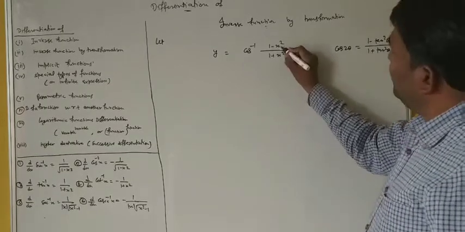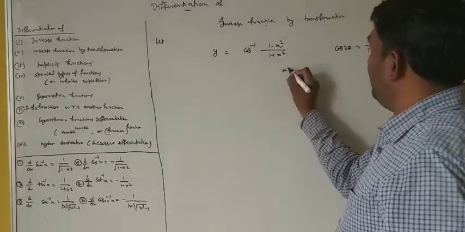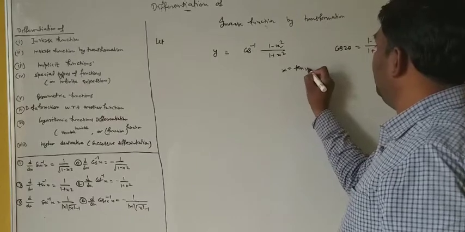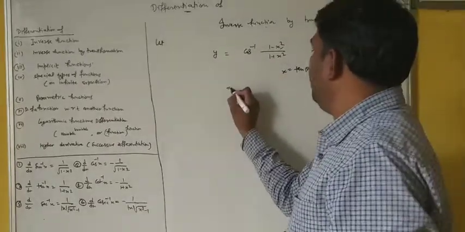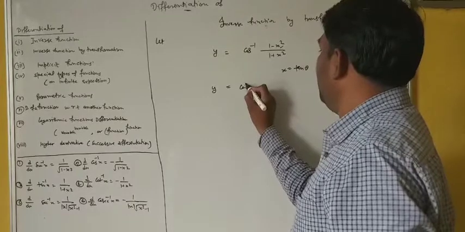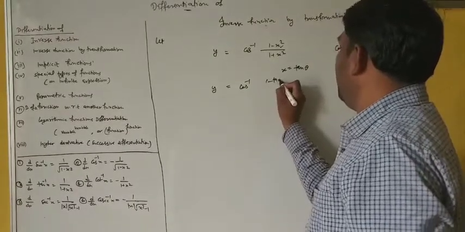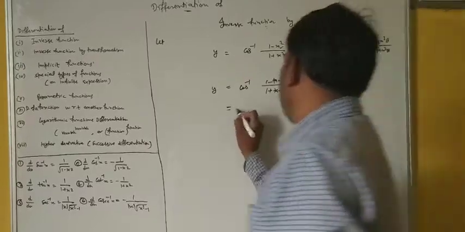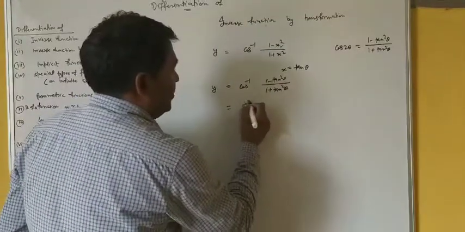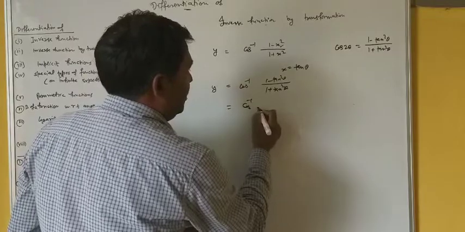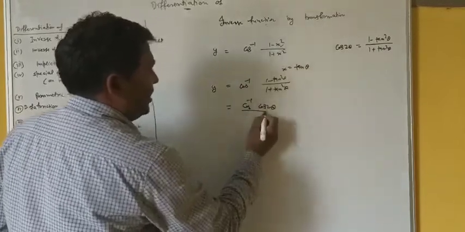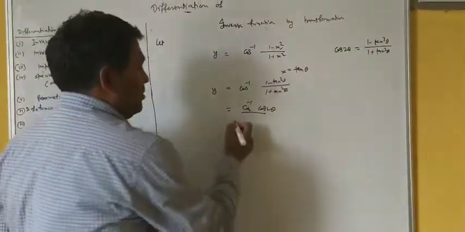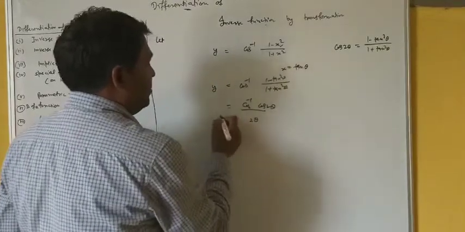So if you assume x is equal to tan theta, then this becomes cos inverse of 1 minus tan square theta upon 1 plus tan square theta. Then what can you write? Cos inverse of this, which is cos 2 theta. Now again cos inverse cos will become 1, so this is 2 theta.